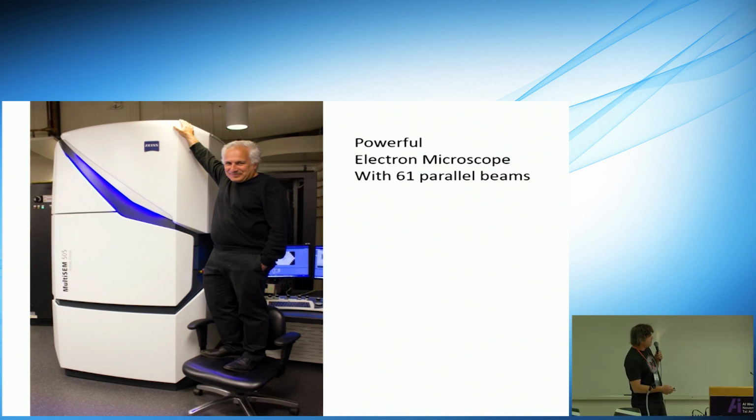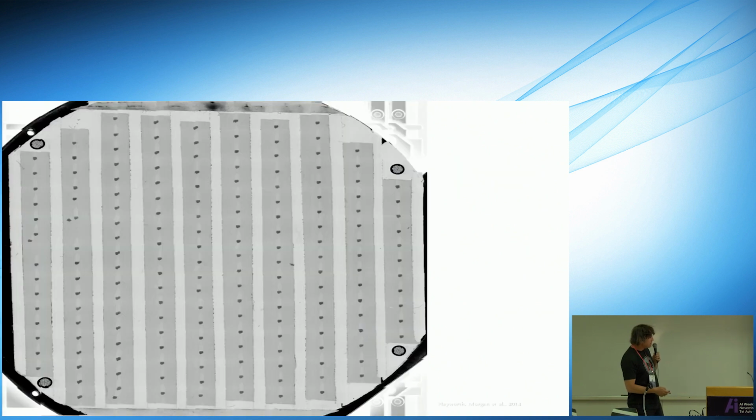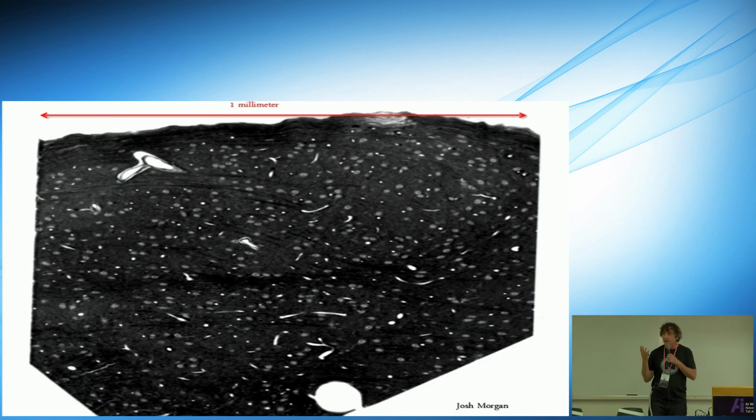Then what we get from that are essentially these wafers that we feed into the microscope. Each tiny piece of brain like this is imaged at a very high resolution with the electron microscope.